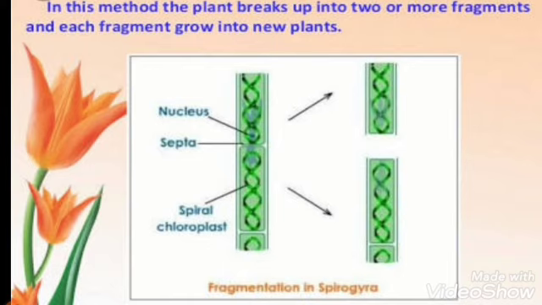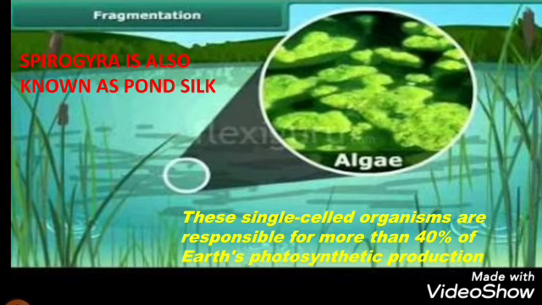These single cell organisms are responsible for more than 40% of Earth's photosynthetic production. Means photosynthesis takes place around 40% by these algae. And this filamentous algae is also known as pond silk.